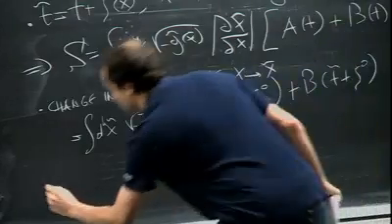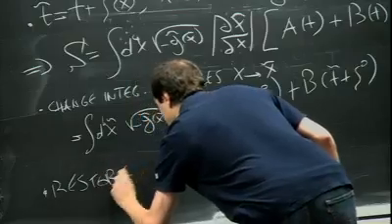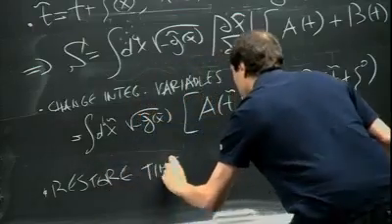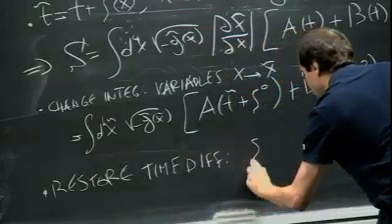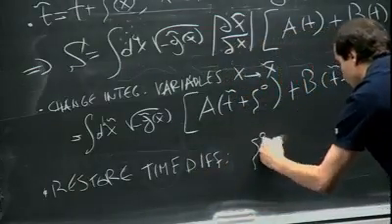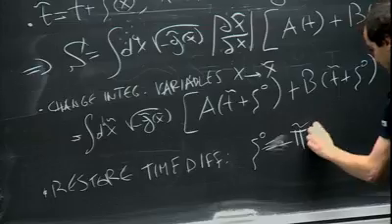Now, restore gauge invariance, restore time diffs. By saying that x0, I replace it with minus pi. Minus because it's just useful for us. Minus pi tilde of x tilde.